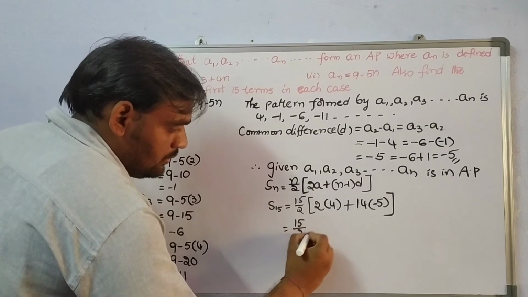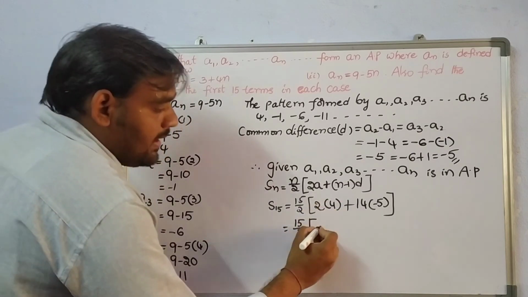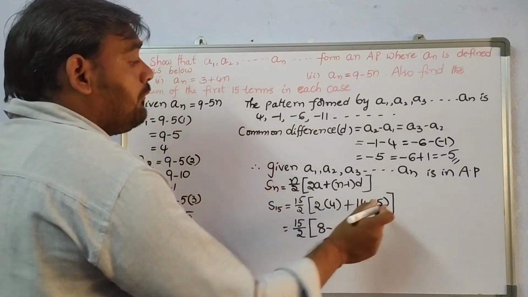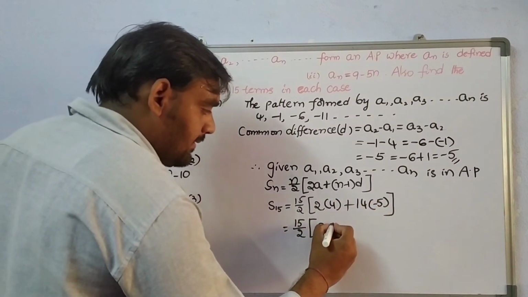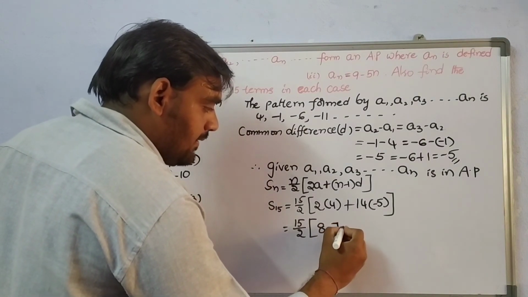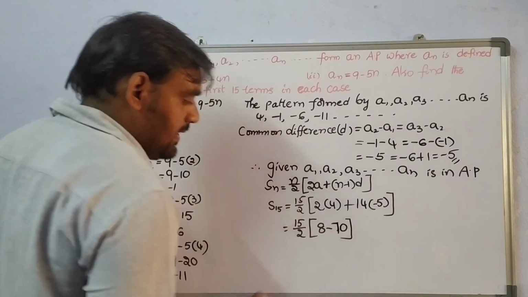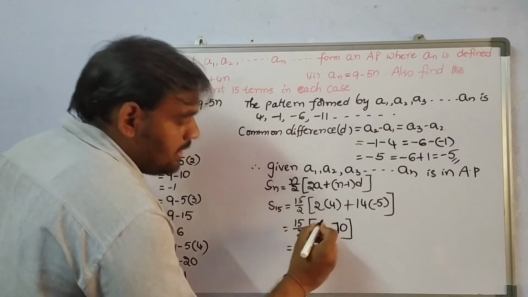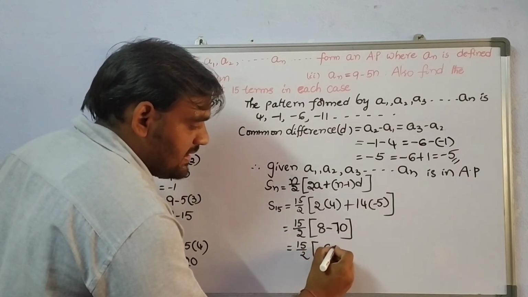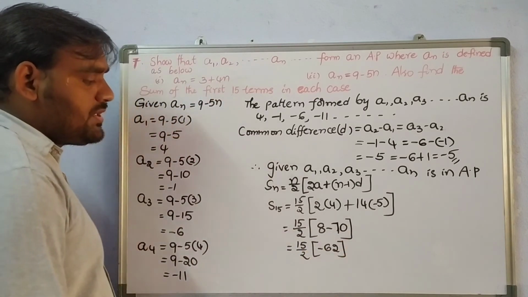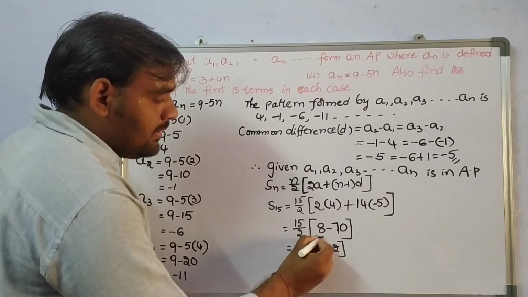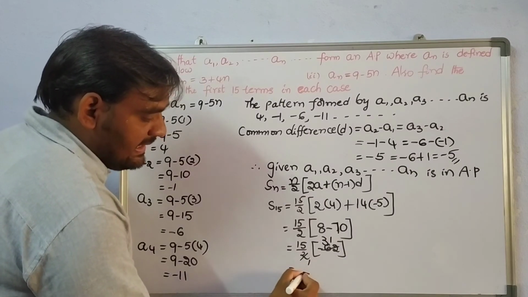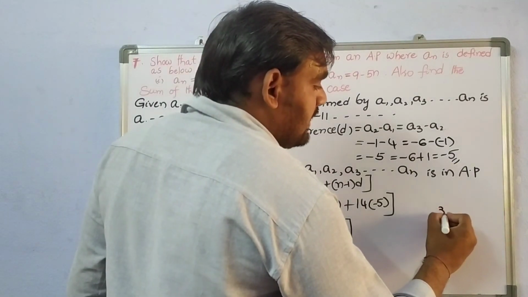Now 15 by 2 into 4 2s are 8, plus into minus 14 5s are. What is the value? 14 5s are 70. Now 15 by 2 into 8 minus 70, minus 62. Now by using two tables, 2 1s are, 2 3s are, 2 1s are, so its value is minus 31 into 15.